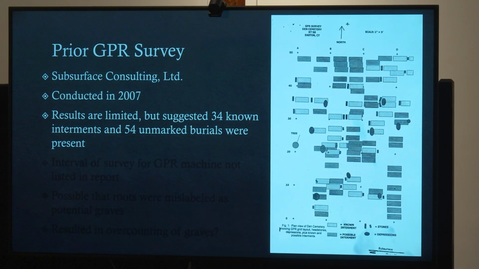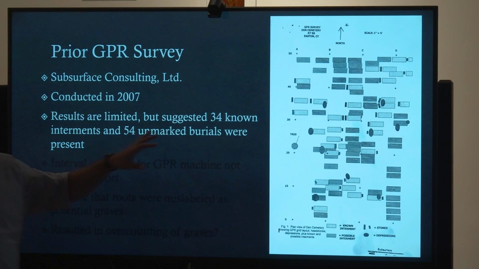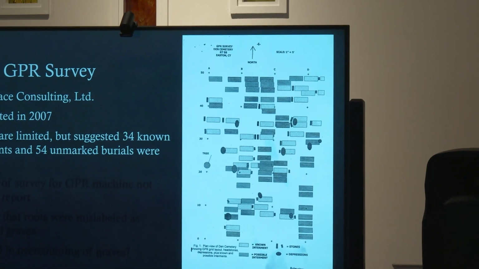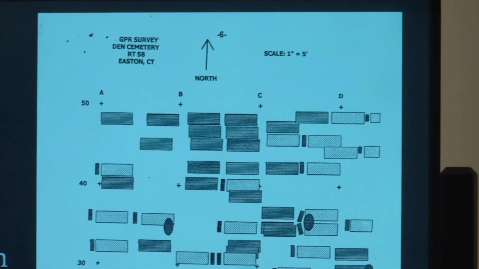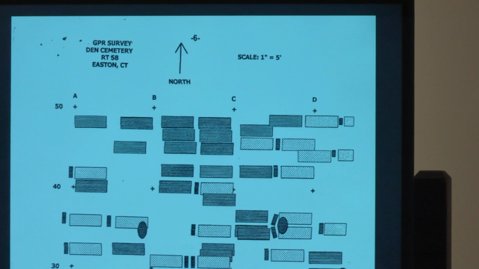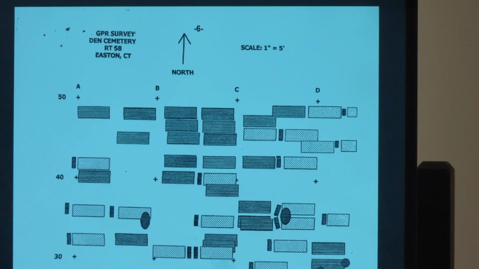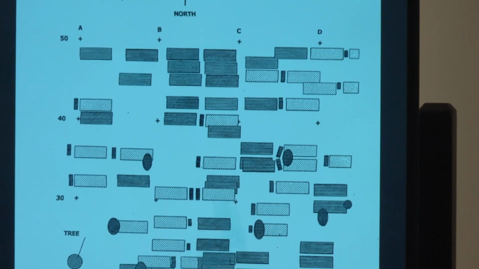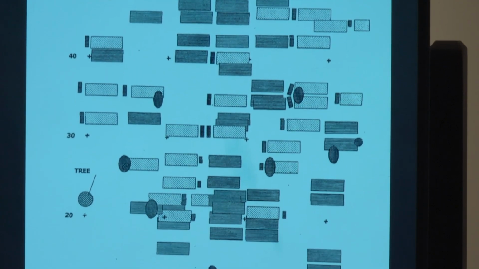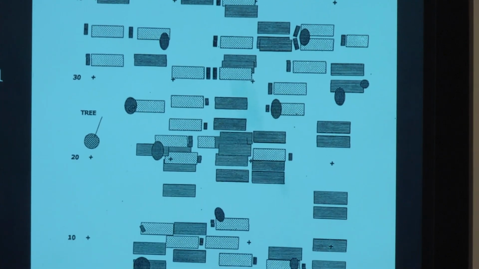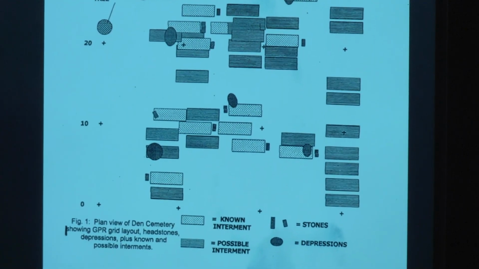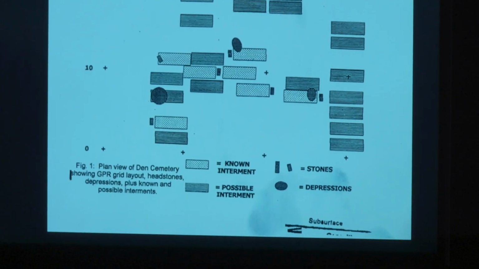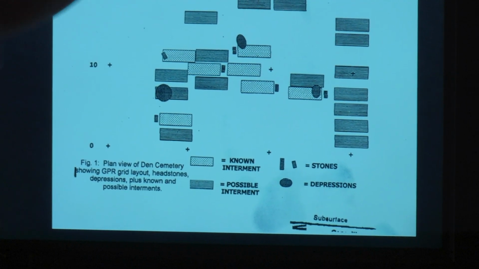But these results suggest 34 headstones, which is far more than the 25 or 23 from the previous surveys, and 54 unmarked burials. So a huge jump in number based on the previous estimations. As I said, the survey interval wasn't clearly defined, and I think what's happening is that there are several trees within the cemetery.